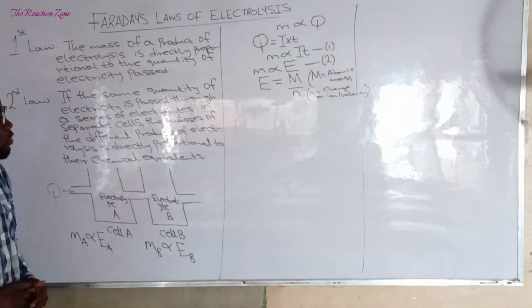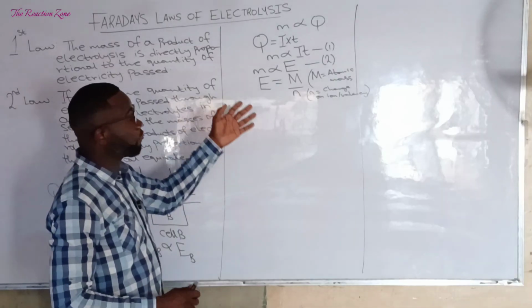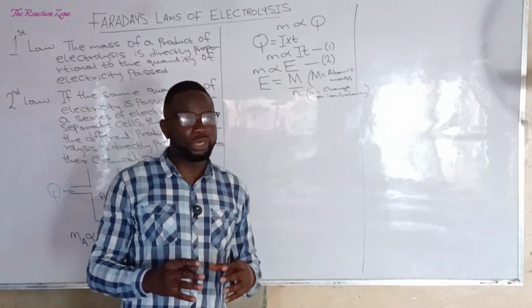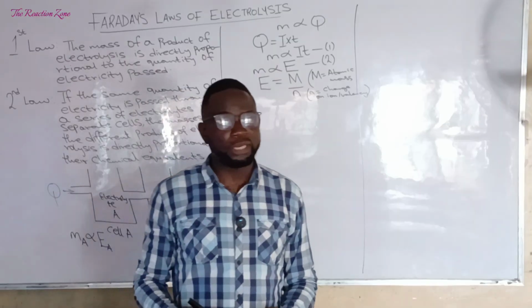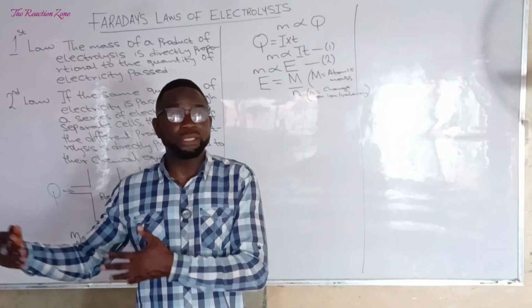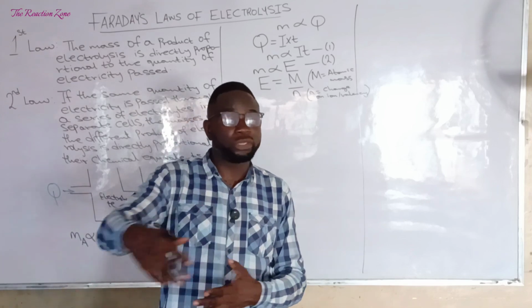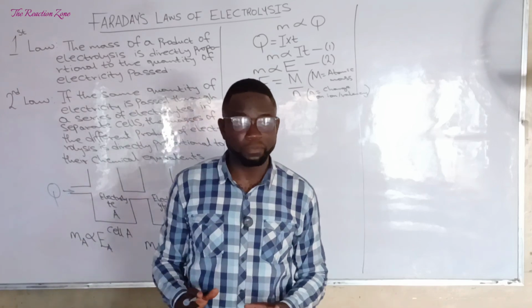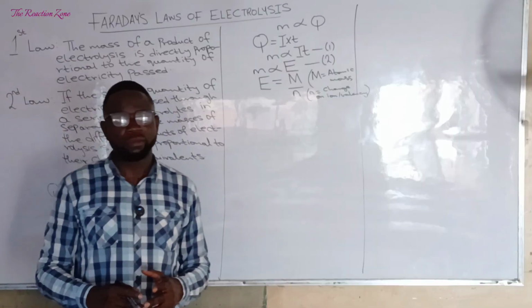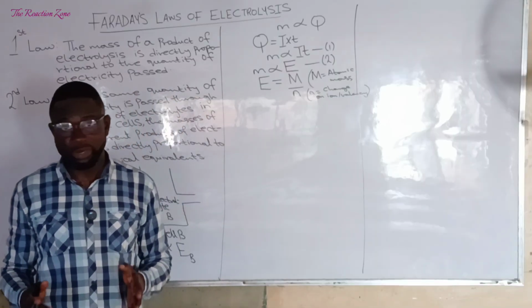So, I'm going to combine the mathematical equations for these two laws because I want to generate a formula that can be used to find the mass of a substance deposited when all other parameters are known. It is a formula that can be used to solve most of the problems on electrolysis.